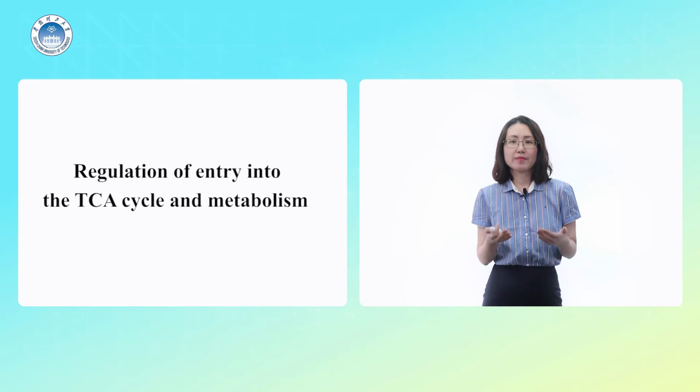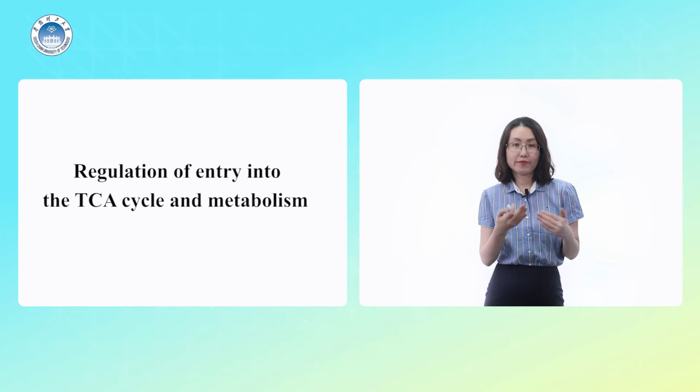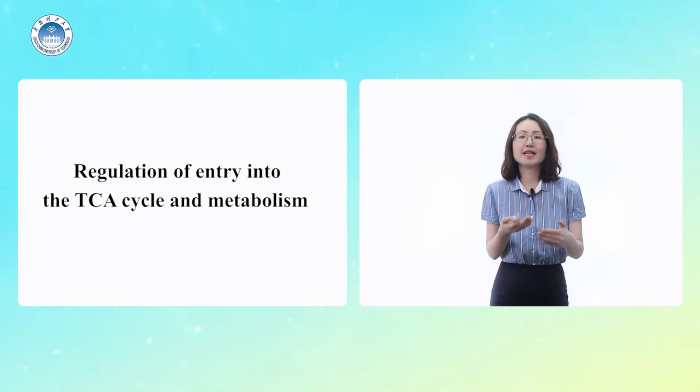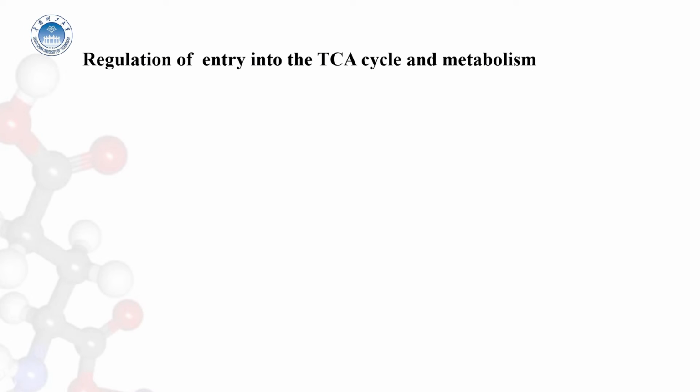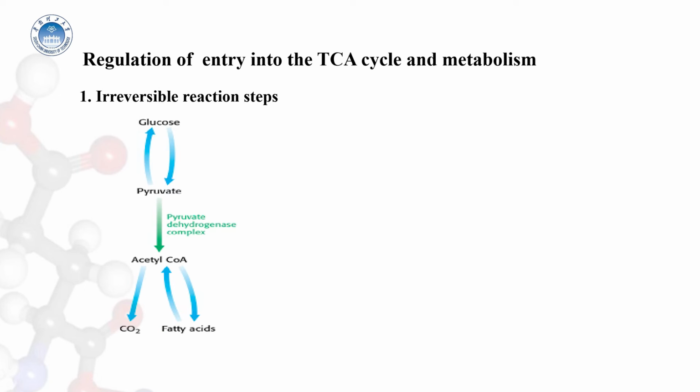Then we'll talk about the regulation of entry into the TCA cycle and metabolism. Entry into the TCA cycle and the rate of the cycle itself are controlled at several stages. The first one: the synthesis of acetyl-CoA by the pyruvate dehydrogenase complex is a key irreversible step in the metabolism of glucose.